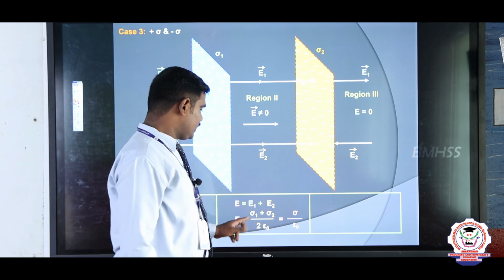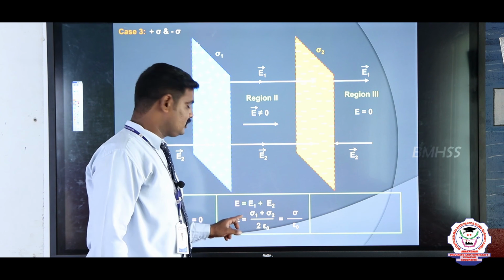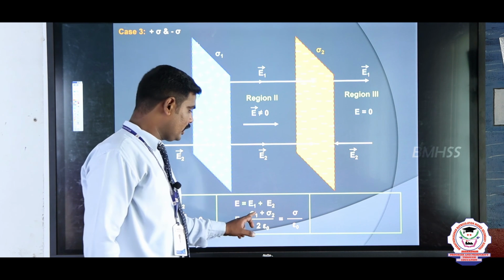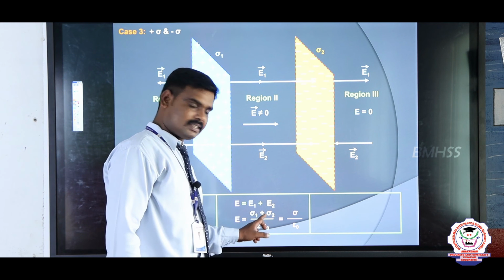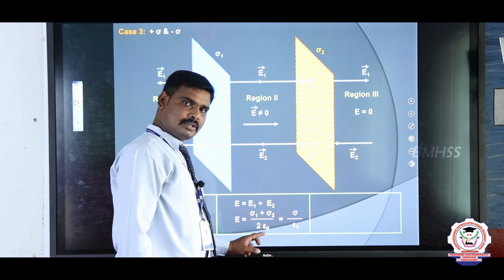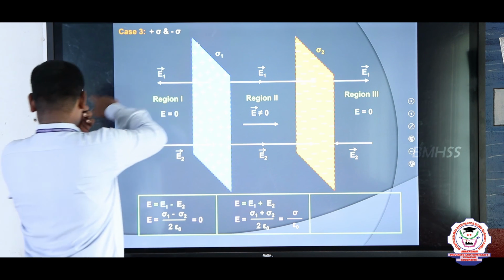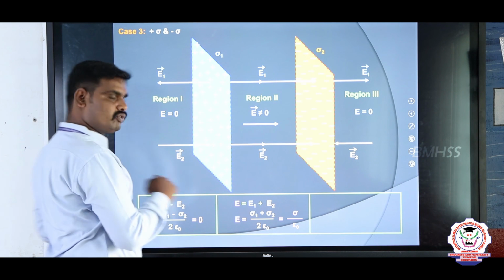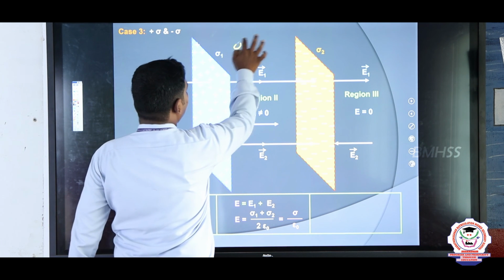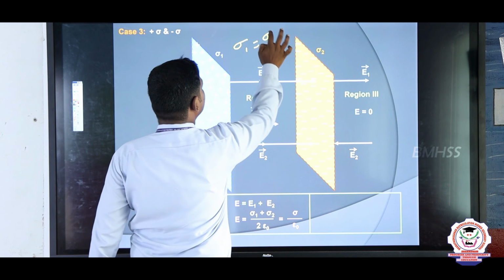Here the electric field intensity is equal to sigma 1 divided by 2 epsilon naught plus sigma 2 divided by 2 epsilon naught. Here sigma 1 and sigma 2 are equal, sigma 1 is equal to sigma 2.